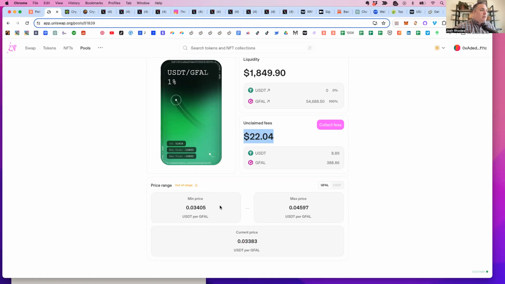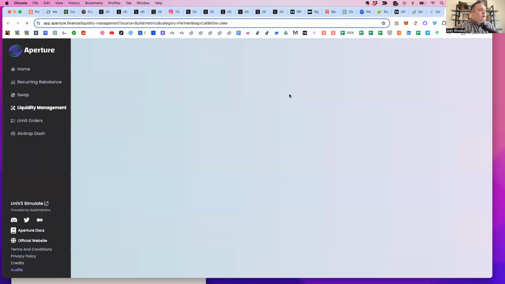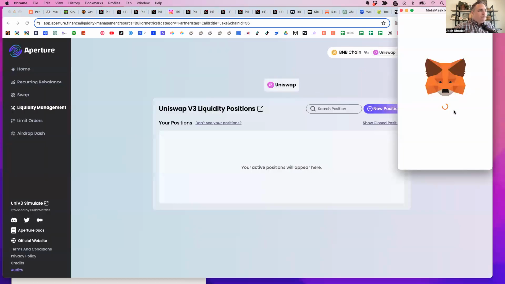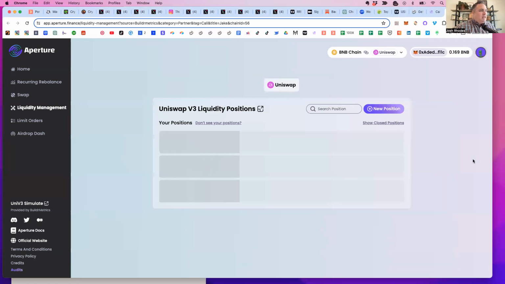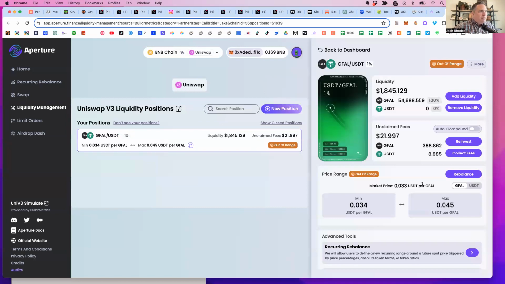And if you want to try to maximize that, they do have this cool tool called Aperture over here on the calculator. Again, for those of you who are new and haven't gone through the training yet, don't worry about it. This is going to be a little bit of crazy language. But go over here, sign in with your wallet, and you can actually set automated rebalancing and reinvesting.